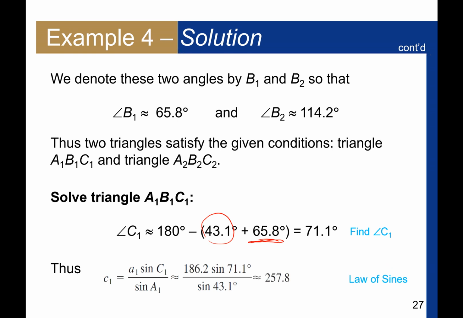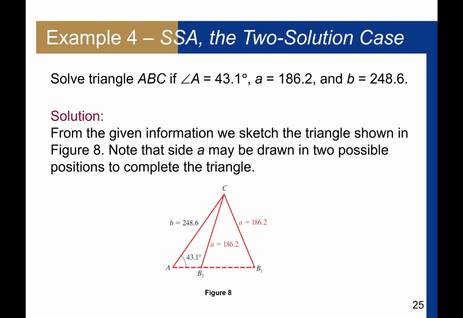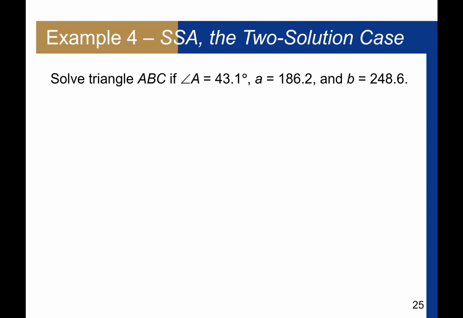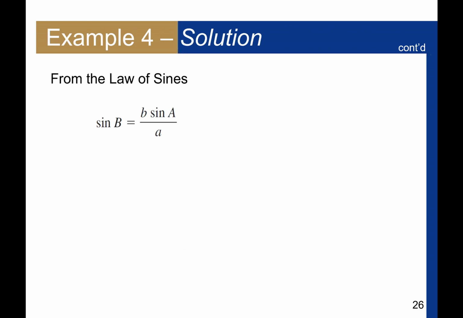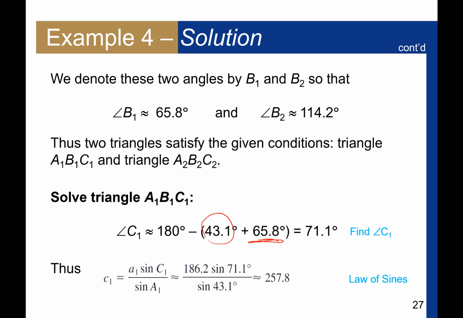All right, again, compared to what we had before. So I got to go all the way back here for what we had before. So 186.2, 248.6. Yes, side C there, 257.8. That's the longest side. It's opposite the largest angle. Okay, it is consistent.